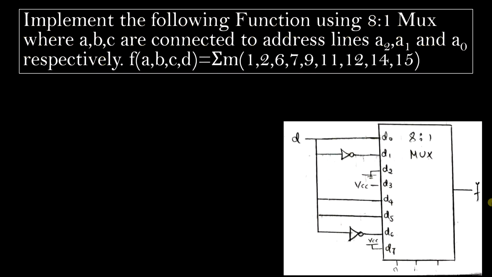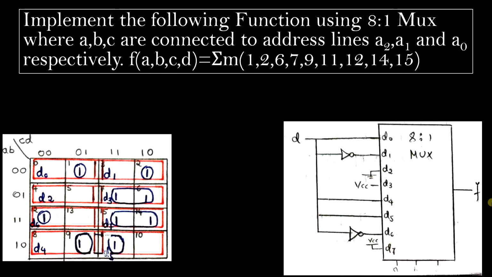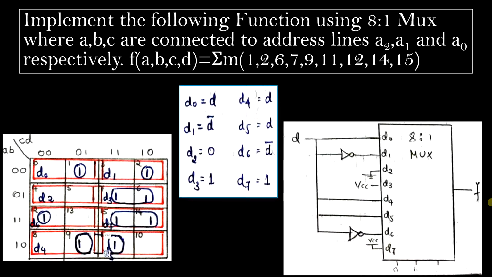Next question, implement the following function using an 8:1 mux, where A, B, C are connected to the address lines A2, A1 and A0 respectively. Fine. So we have the Karnaugh map and we have D0 equal to D, D1 equal to D bar, D2 equal to 0, D3 equal to 1, D4 equal to D, D5 is D, D6 is D bar and D7 is equal to 1.